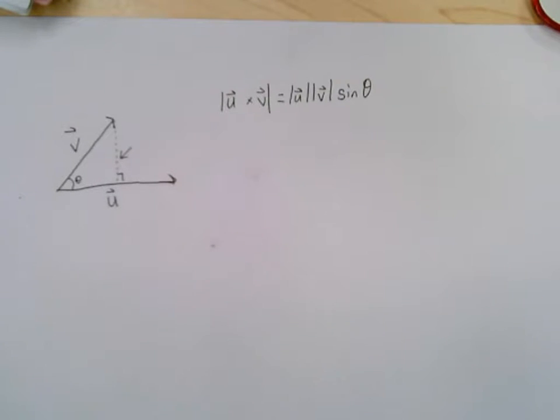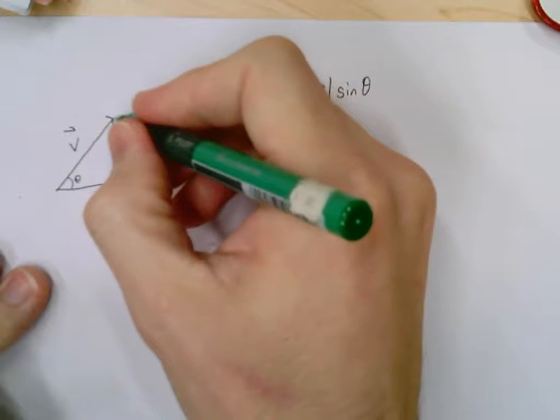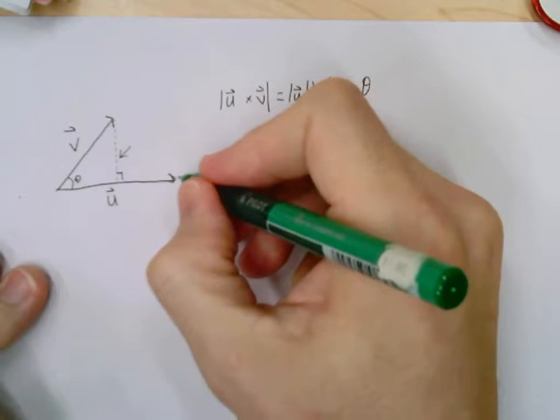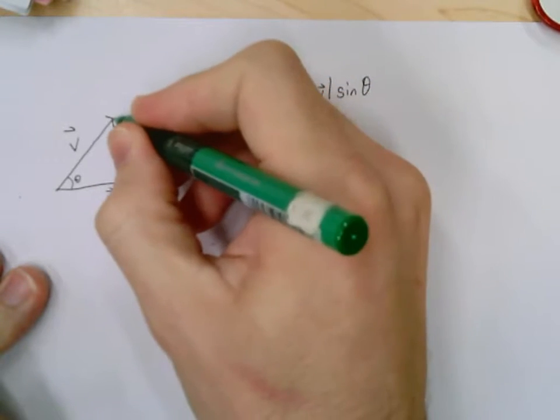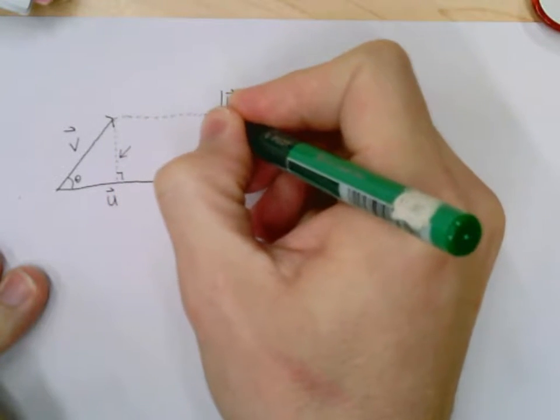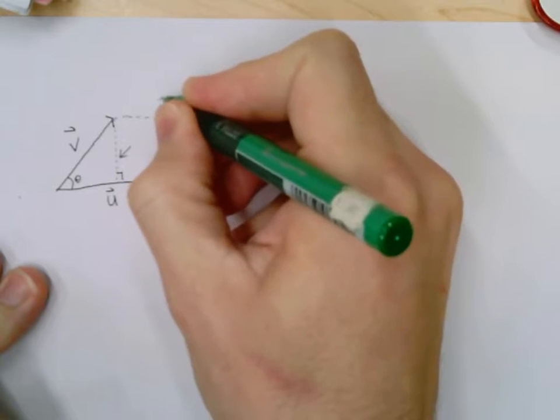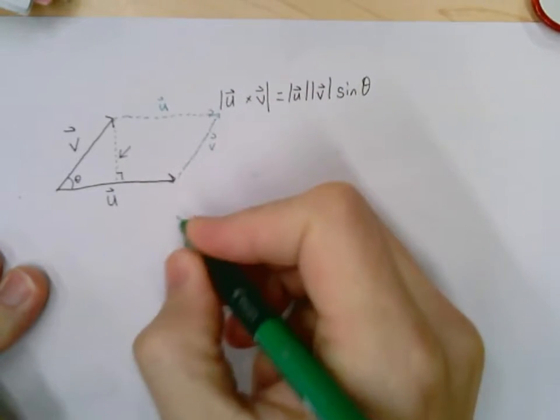Okay? Now, if you think about this just for a second, what if I were to extend this? So I'm going to take u and I'm going to draw v over here. And then I'm going to draw u right here. What do I have? I've got a parallelogram, right?